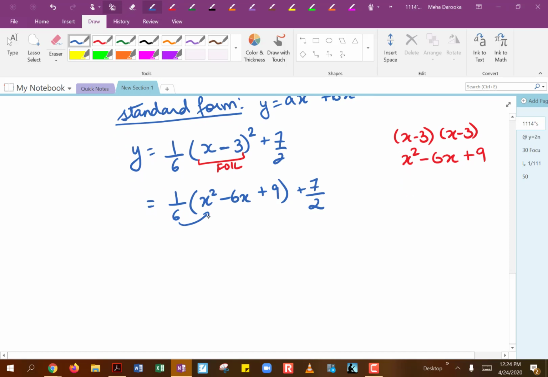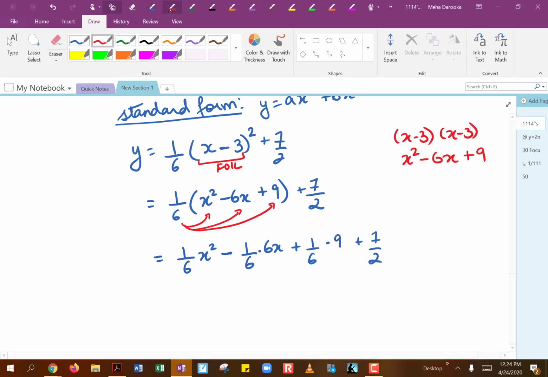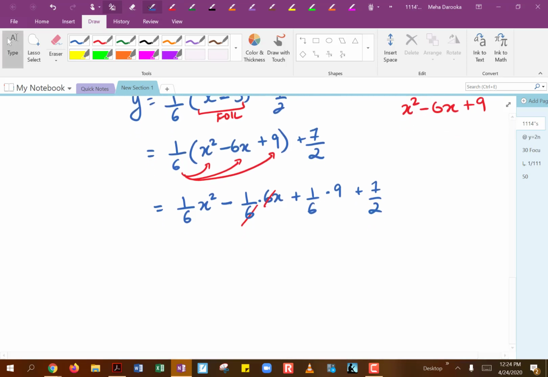And then we would need to go ahead and distribute this inside the parentheses, which would end up giving us 1/6 x squared minus 1/6 times 6x plus 1/6 times 9 plus the 7 halves. So the 6 in the denominator and the 6 from the 6x will cancel out.